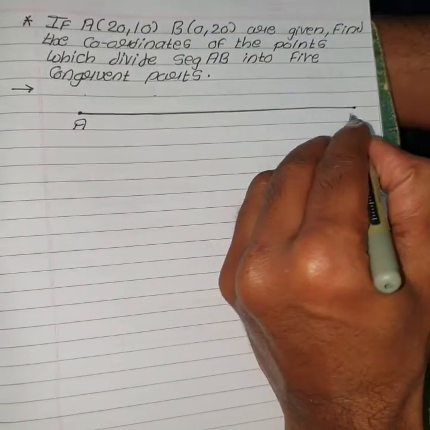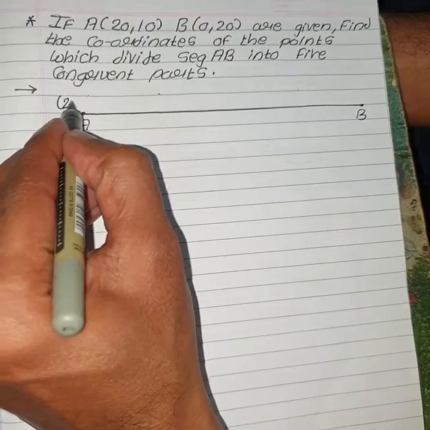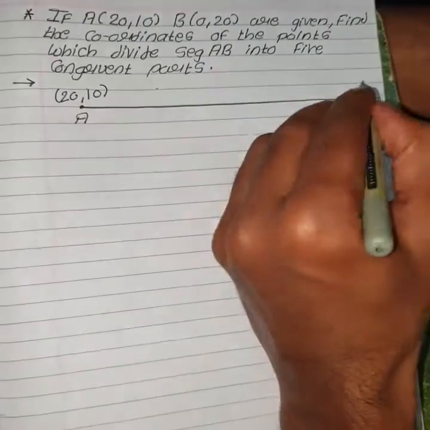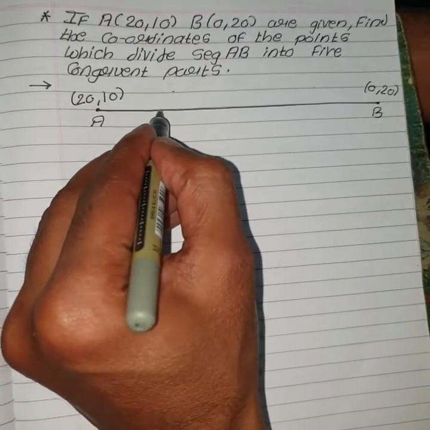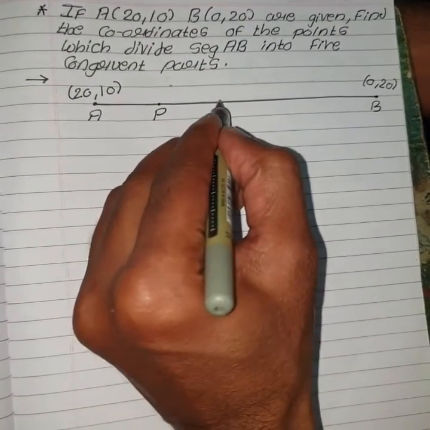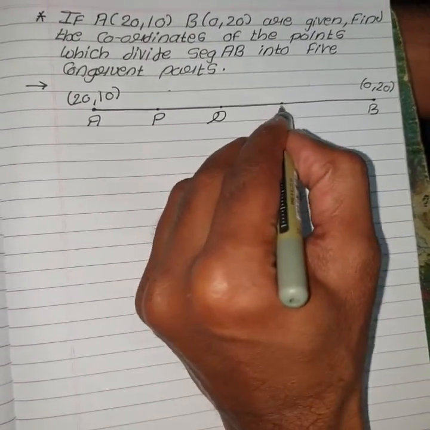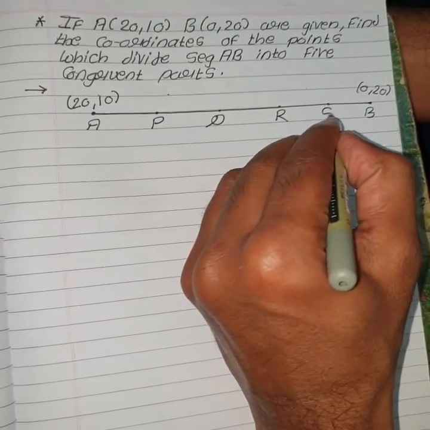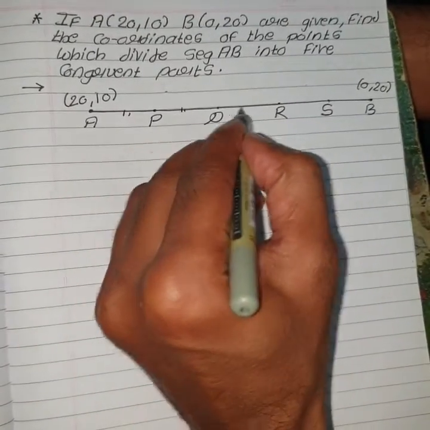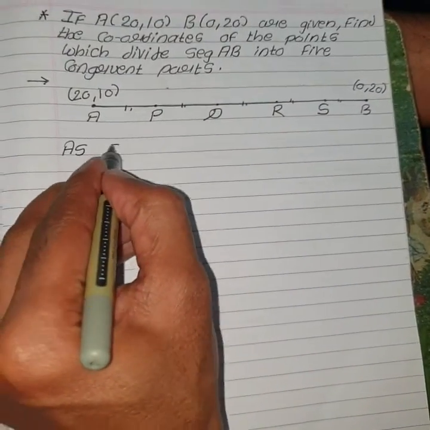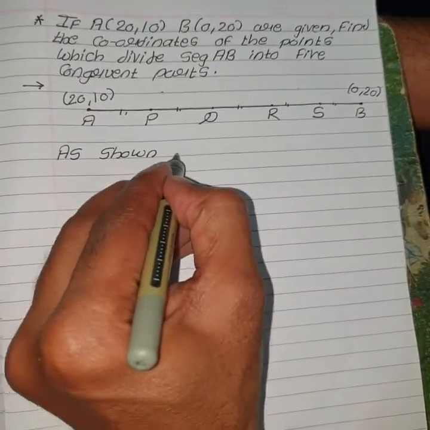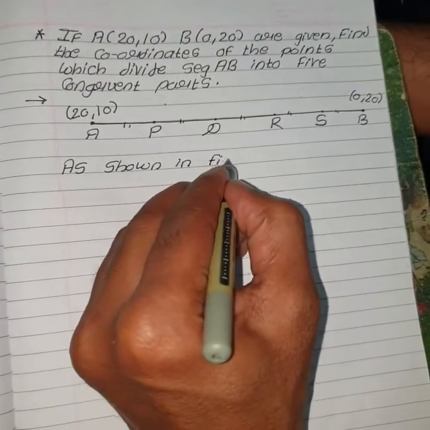A (20, 10), B (0, 20). Now we want 5 congruent parts: P, Q, R and S, as shown in the figure.